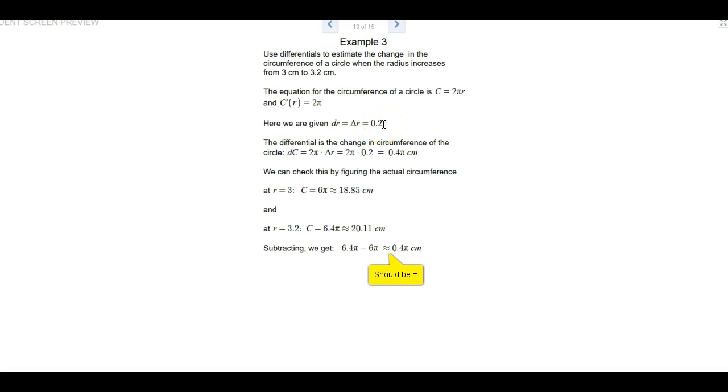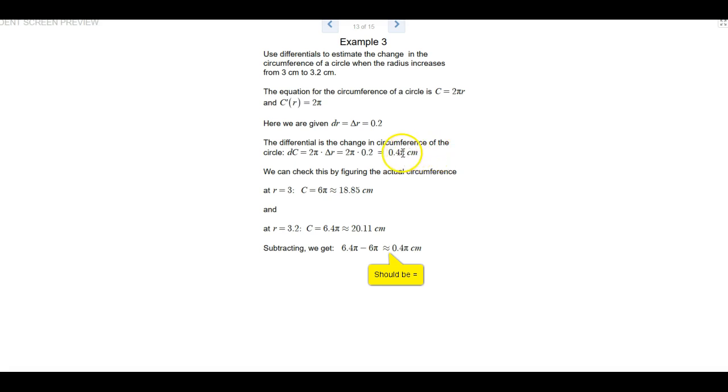Using differentials, we're going to remember that for my function c equals 2 pi r, dc is the derivative times delta r or dr. The derivative of this function with respect to r is just 2 pi, times 0.2, which is the change in x, which gives me 0.4 pi centimeters.